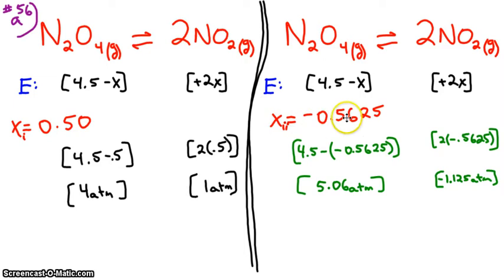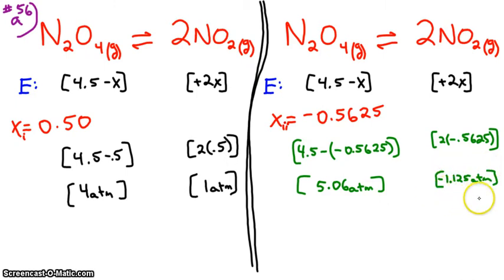Substituting in X2, the other solution from the quadratic formula for our polynomial on the previous slide, you get an equilibrium pressure of this gas of 5.06 atm, and this pressure is negative 1.125.